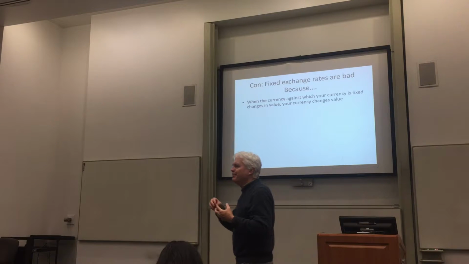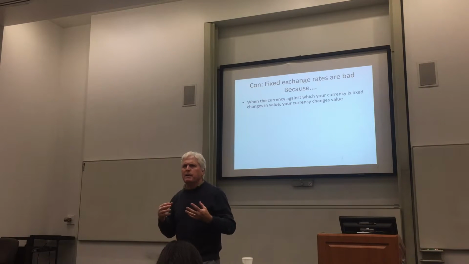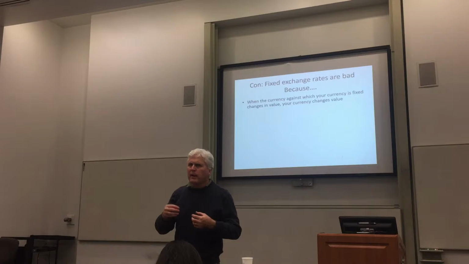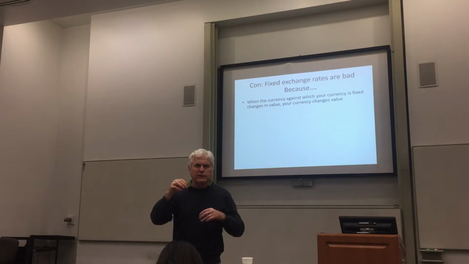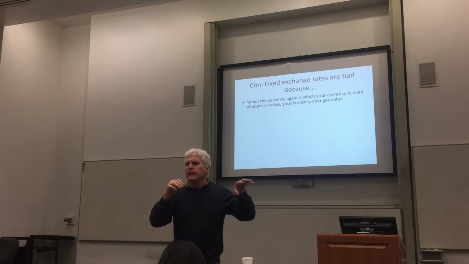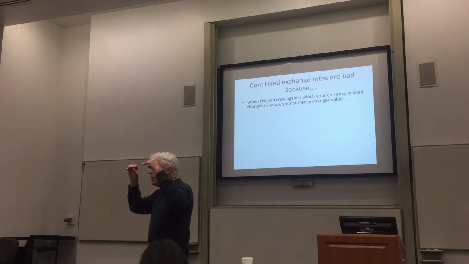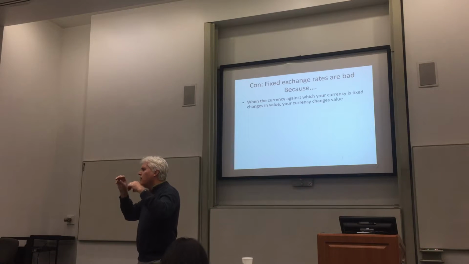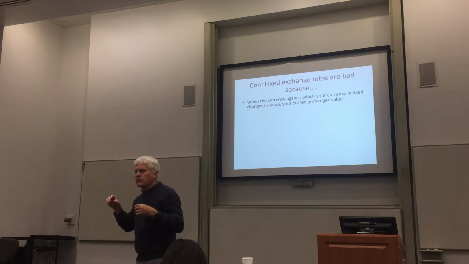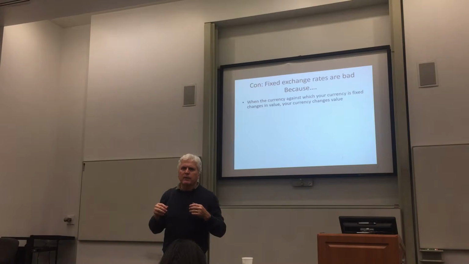Again, we almost don't think about it this way, but the right way to think about it is that Italian currency, and especially Greek currency, is fixed against Germany and France and all the other countries. If the euro appreciates in value, then effectively that country's currency appreciates in value.